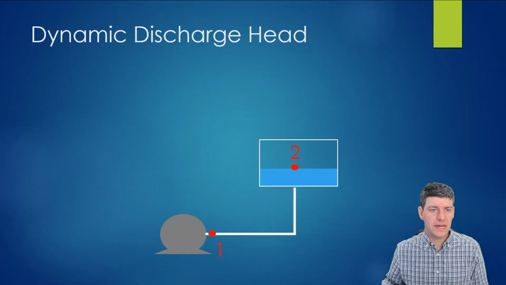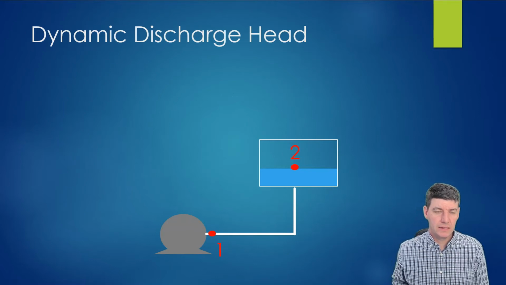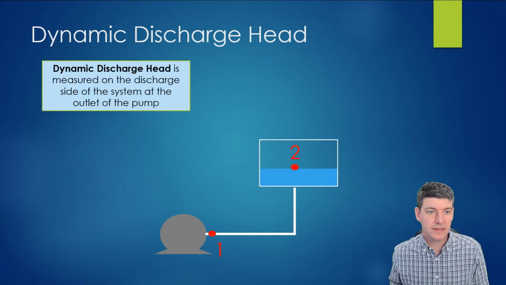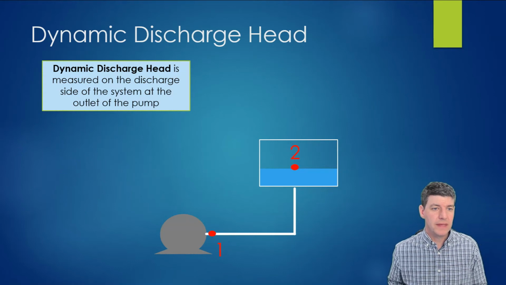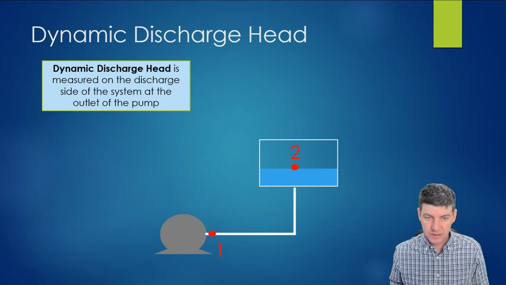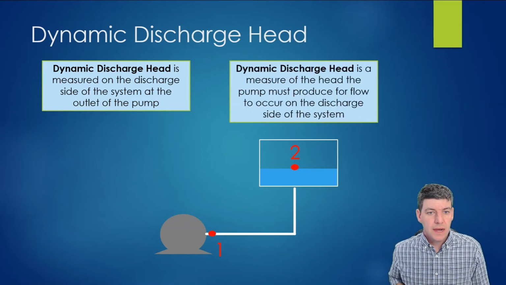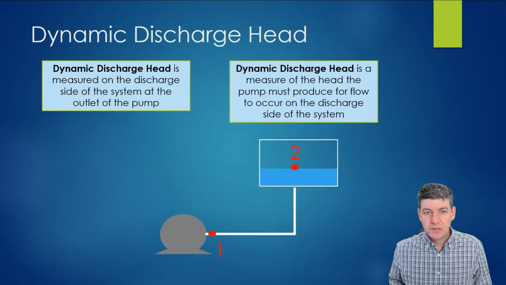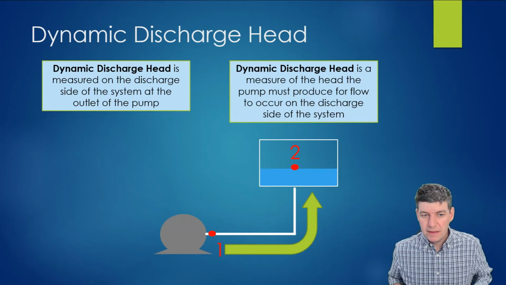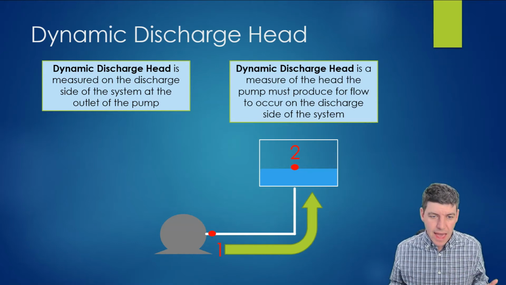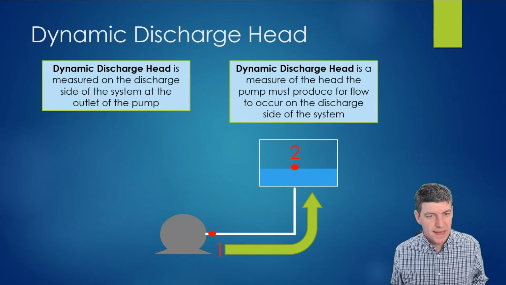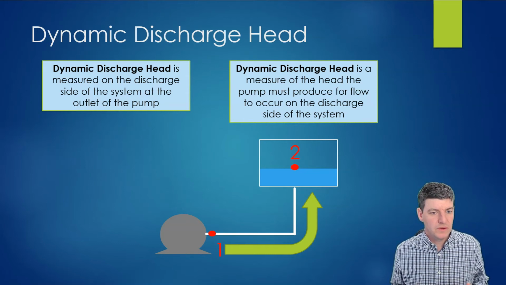Okay, let's take a look at dynamic discharge head. So this is on the outlet side of the system. The outlet of the pump is where we would start, to the final destination for our fluid. Really, it's a measure of how much energy or how much head we must have in order for fluid at the pump to be able to make its way all the way to the final destination.